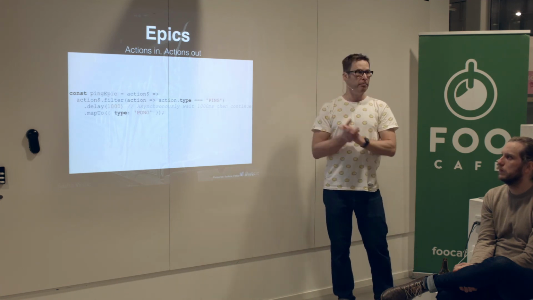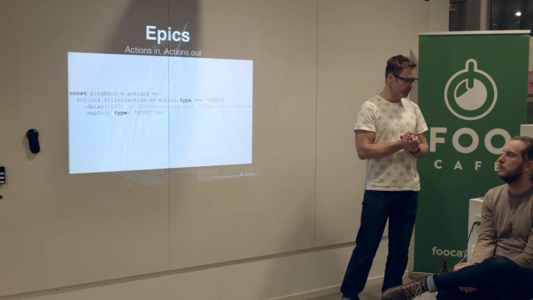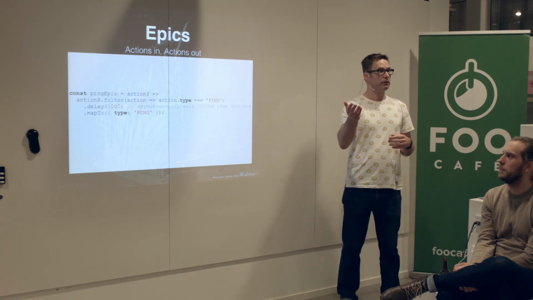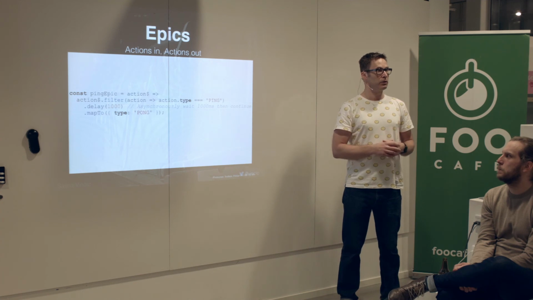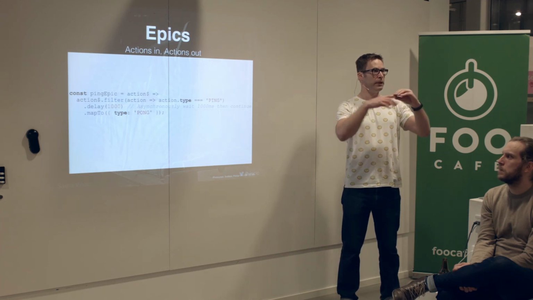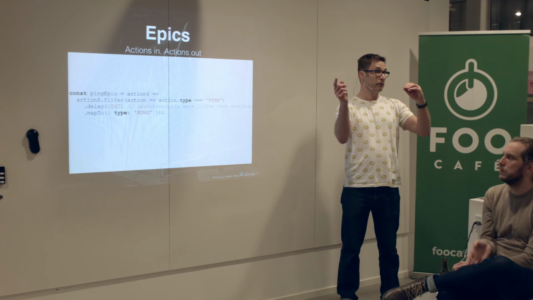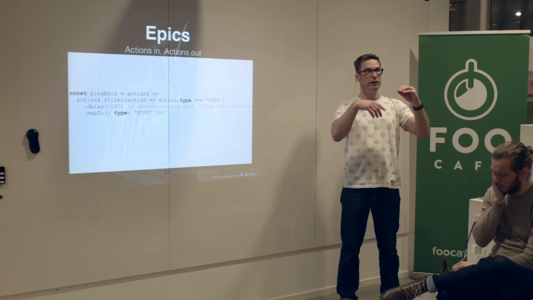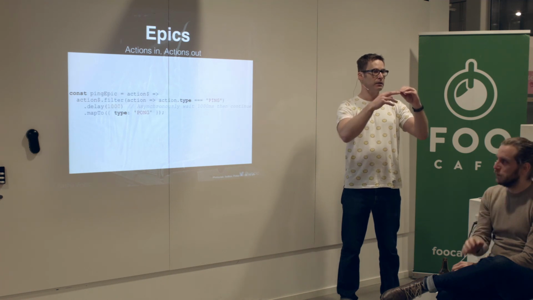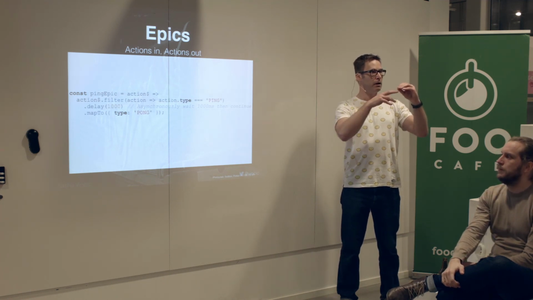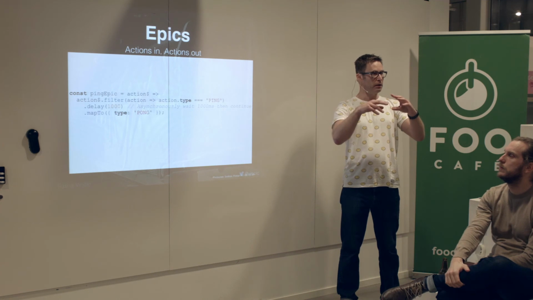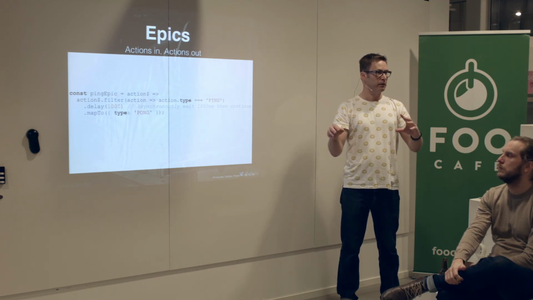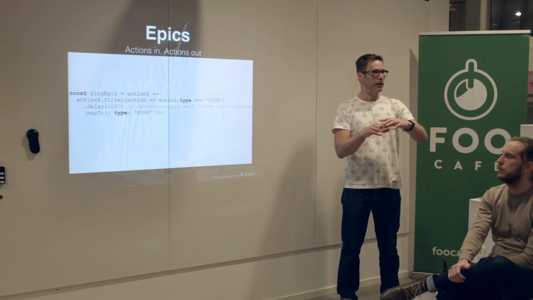And you have an epic that's listening to that action. And it says, okay, we have a user who wants to log in. So it emits login pending. That's an action. So let's start the spinner and something else. And then it calls the async call. And when the async call is done, it emits login success or login failed. That's what you do there.